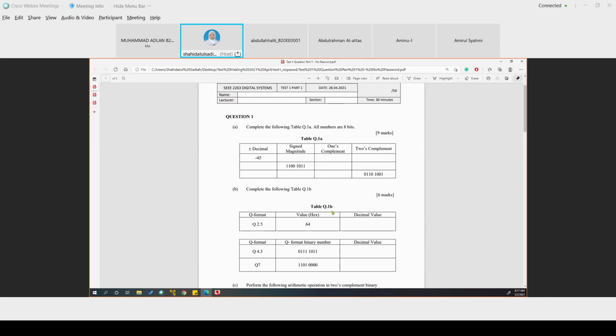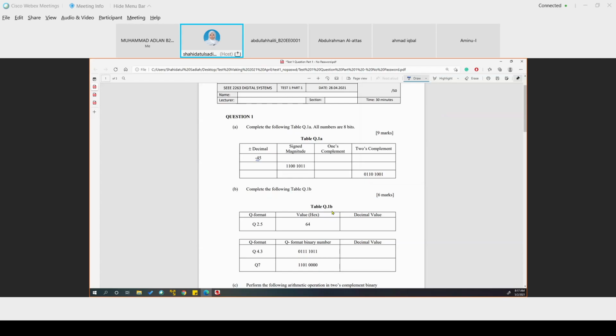The first one is you are given minus 45 in decimal. So you want to find this number in sign magnitude, one's complement and two's complement.